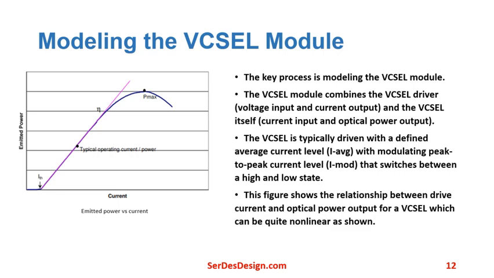This shows that the VCSEL emitted power begins above a threshold current, has a peak power, and has a linear current to optical conversion efficiency. The operating point, I average, is typically in the linear region. This figure does not adequately represent the VCSEL characteristic. The VCSEL is very nonlinear and has different characteristics for its rising and falling waveforms.